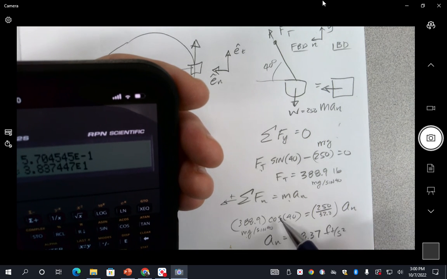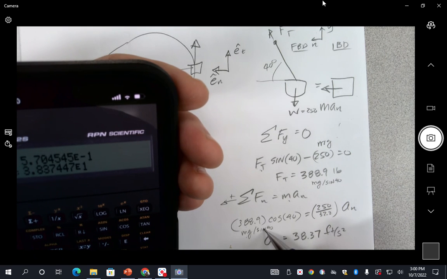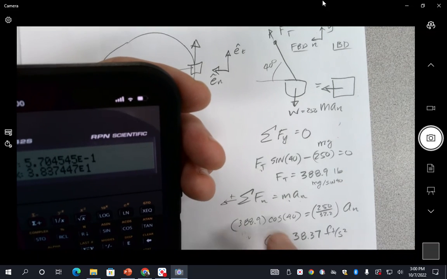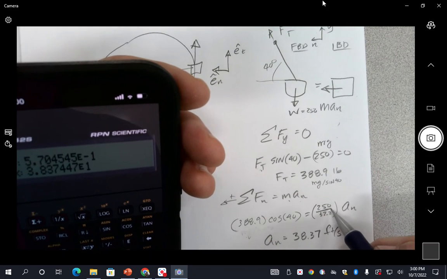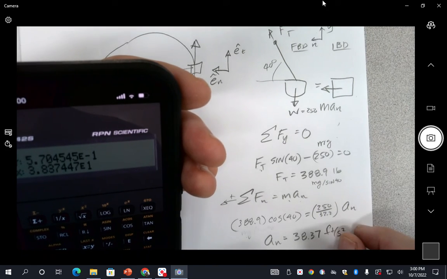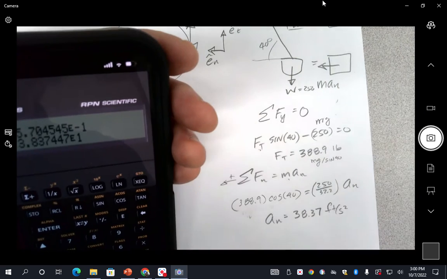It would have been like the inverse tangent, cosine over sine, right? The mass would have canceled out, but the gravity would not have canceled out. So what we would have been able to find is that acceleration. The weight, we didn't even need to give it to you, except that they ask you for the tension later on.